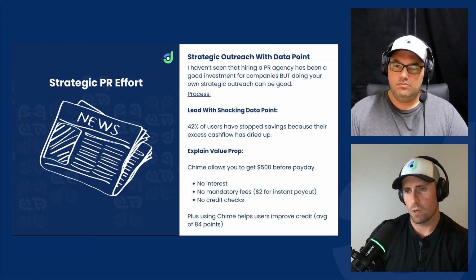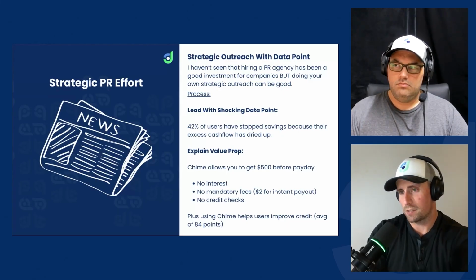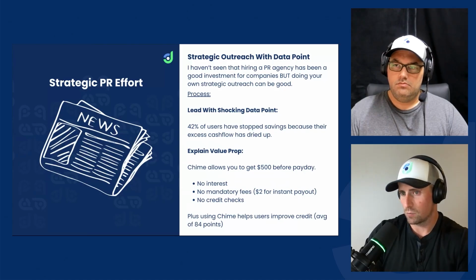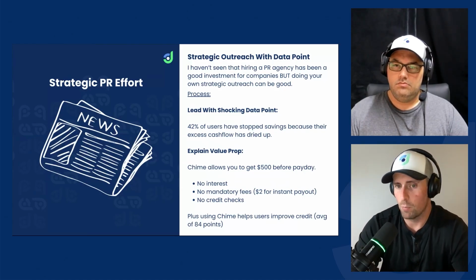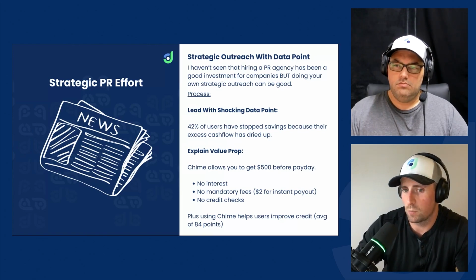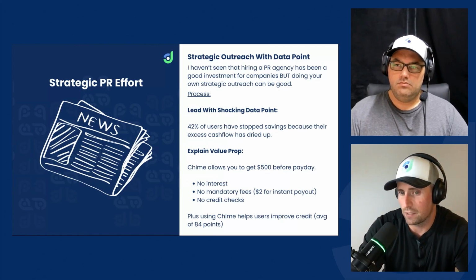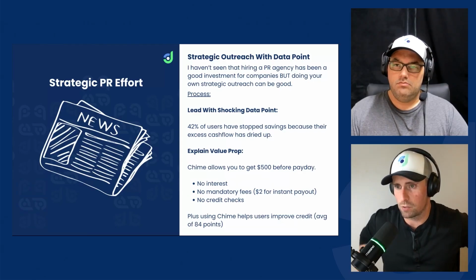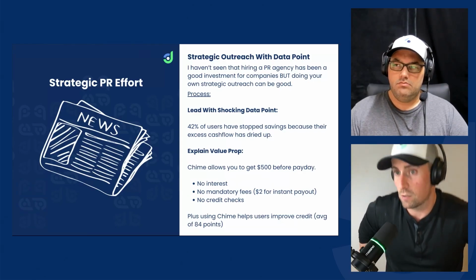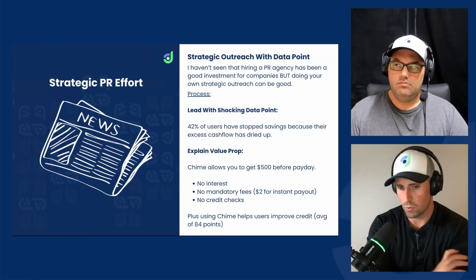You need to come up with a data point using your specific product, something that's standing out to the market that can be a headline in a newspaper, a publication, what have you. Obviously, we're probably talking about digital news and not newspapers. But I came up with this: 42% of users have stopped saving because their excess cash flow has dried up. That's a data point that I would want to extract from our product and say, here's something that would be interesting to a reporter.